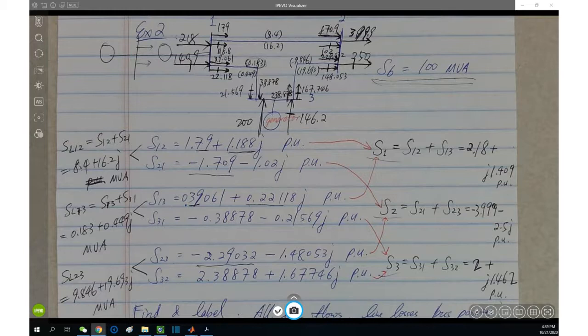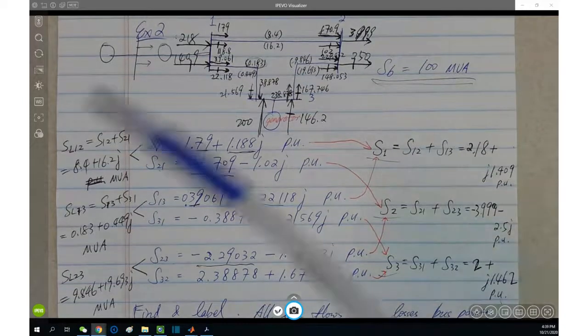If you understand the relationship among them very well, then you probably don't have to do V times I conjugate for all of the missing line flows. You don't have to do that for all of them.